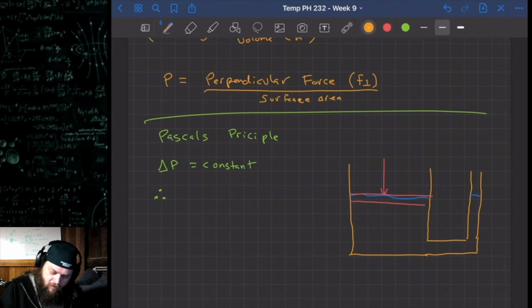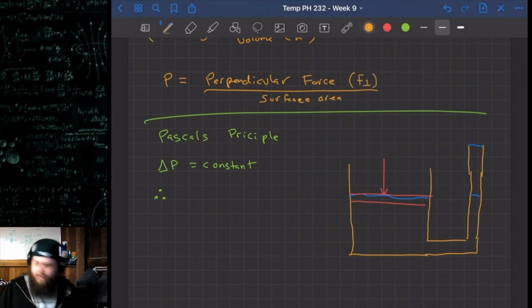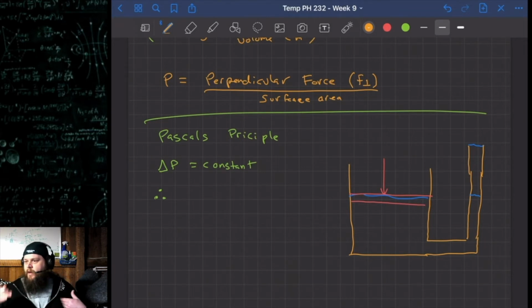If we just moved it down a little bit, the amount of water displaced would be much higher over here, just because the surface area is different. So that change in height for the two waters is relative to the change in surface area. But really the volume of that water is going to be equal in each of those.